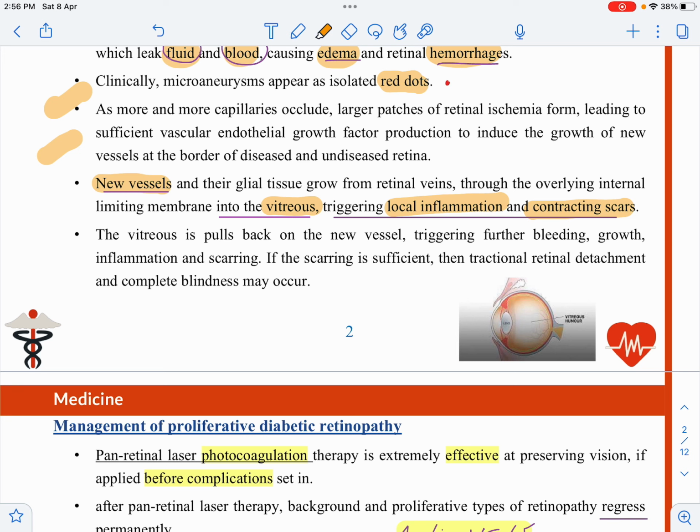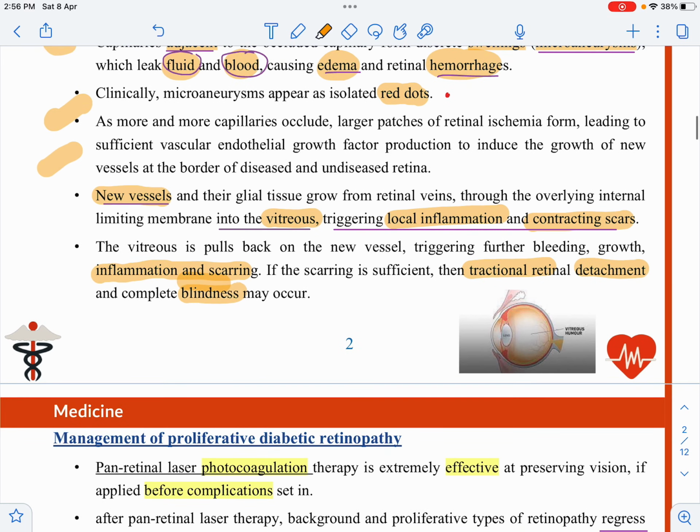And if this inflammation and scarring is still present, maybe after a period of time it leads to a traction of the retina and detachment and that leads into blindness.